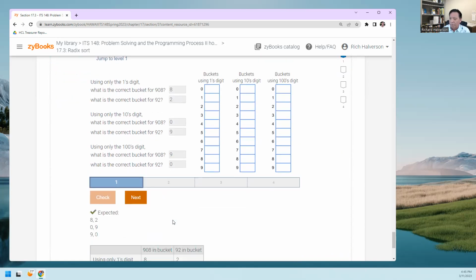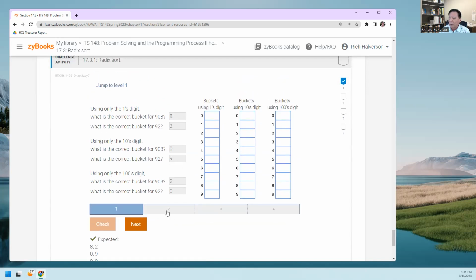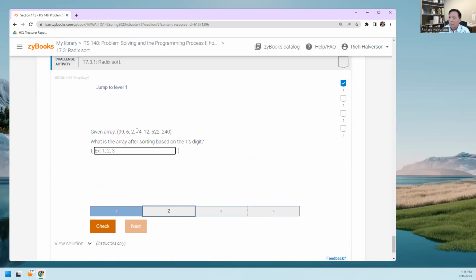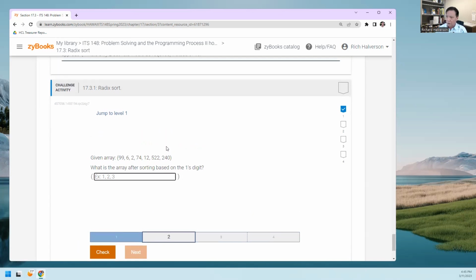Very good. Let's do this one here. Given the array, what is the array after it is sorted based on the ones digit? First are the zeros. That'd be 240.